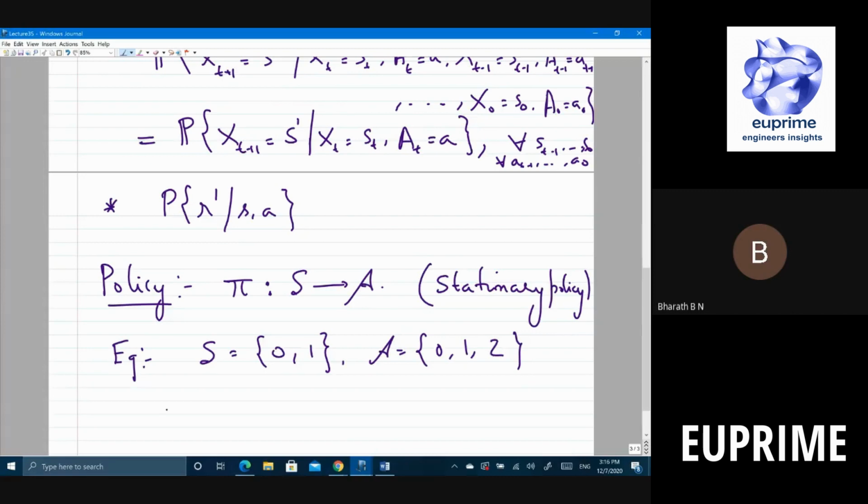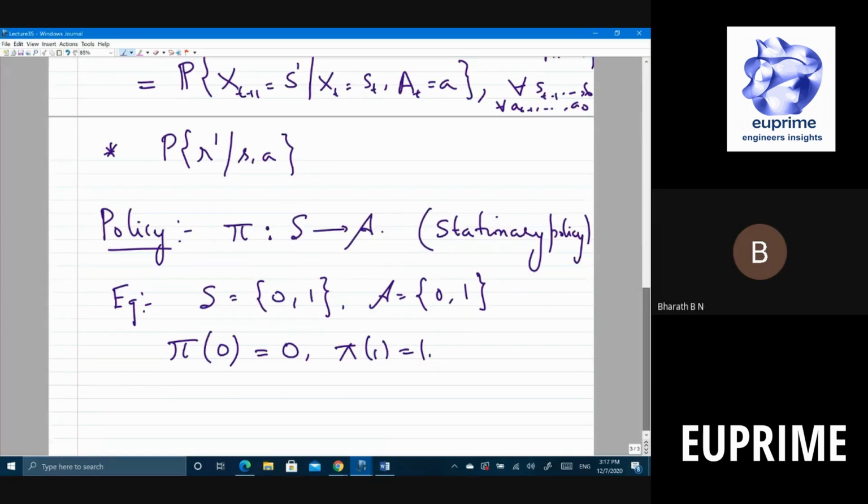Okay, I think I'll just take 2 actions: transmit, don't transmit. Pi of 0 equal to 0, pi of 1 equal to 1 is one policy. The second policy could be pi of 0 is 1, pi of 1 is 0. These are the two possible policies that you can have.